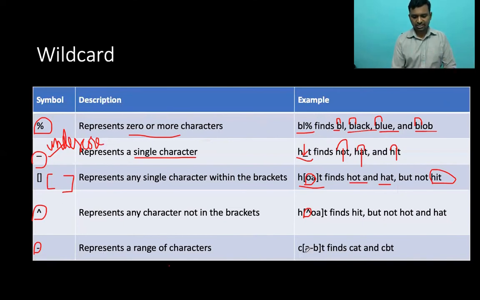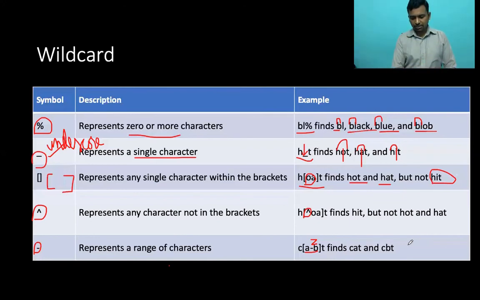When I say A to Z, it means any characters between A and Z, including A and Z. So it finds cat, bat, mat: CAT, CBT, CCT, CDT, anything, even CZT at last. That is what this range means.